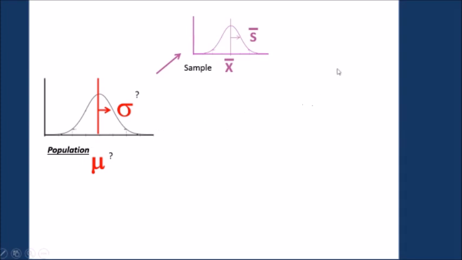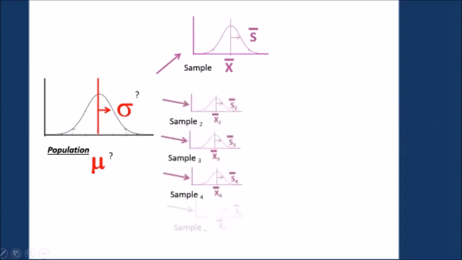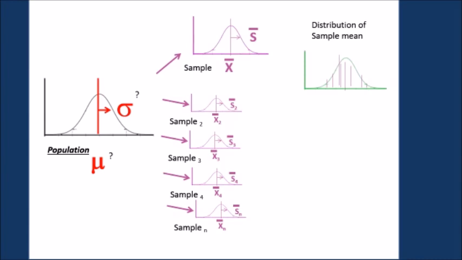Let's understand this. Suppose we get another sample, a third sample, a fourth sample, a fifth sample, and so on, and then we get the mean of each sample and use all these means to make a new frequency distribution curve. So now we have a frequency distribution curve of the means of the 5 or 6 or 7 samples we took out of this population.